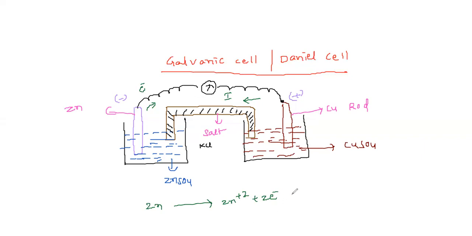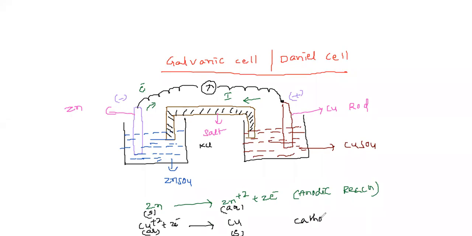This is the anodic part, the anodic reaction. Then the cathode always accepts electrons: Cu2+ plus these 2 electrons gives copper. Zinc is solid, the ion is aqueous; here the aqueous ion is converted to solid. This is the cathodic part.